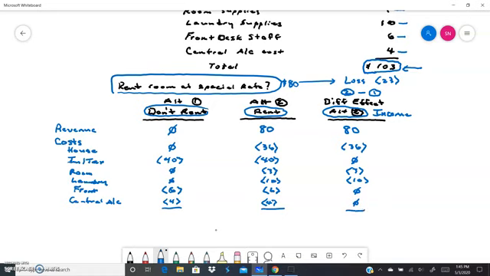So now we're going to look at the differential effect. If we don't rent the room, we're going to end up with total costs of $50. If we do rent the room, we're going to end up with a total loss of $23. And if we add up the differential effect, we see that that's $27.